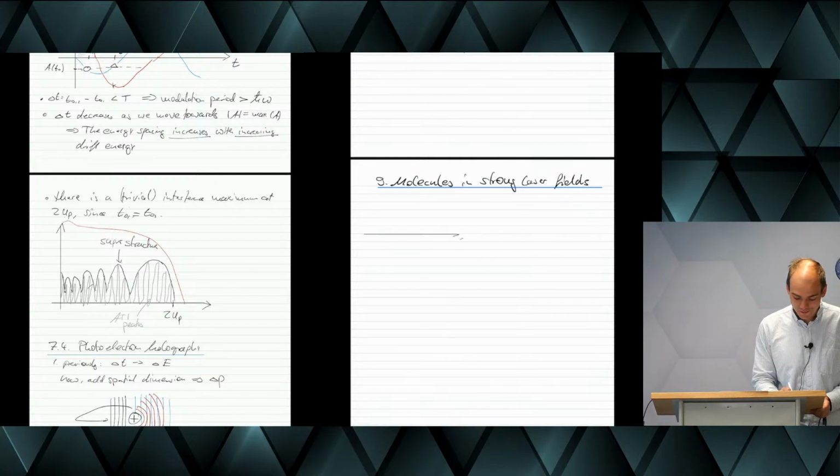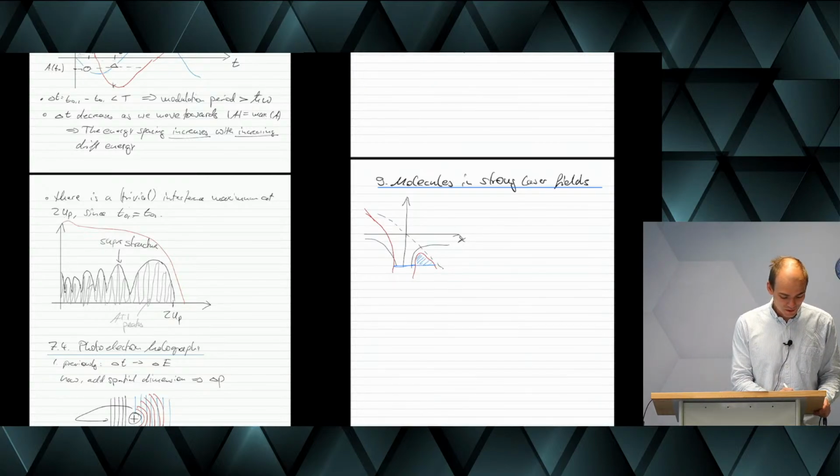We have here space, x, and then we plot here the energy, and now we have our atomic potential, and we add to it a laser field that has a potential like this one. And then the resulting potential would look something like this. And we have here our ground state and a tunnel through which the electron can tunnel.